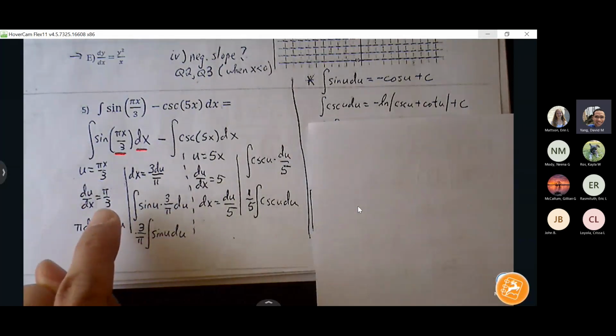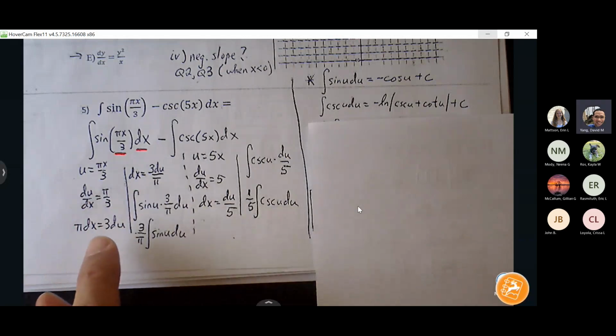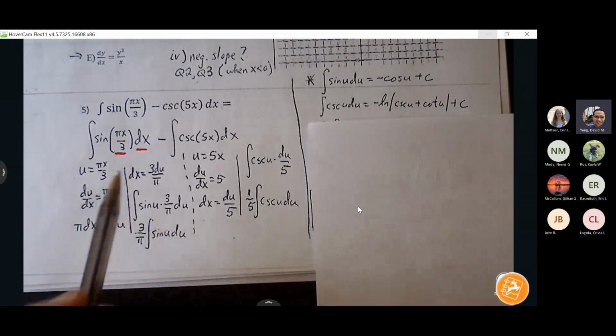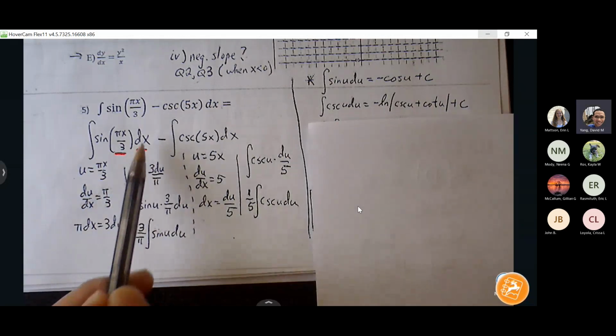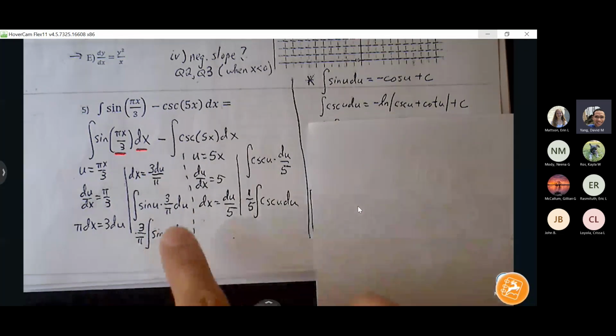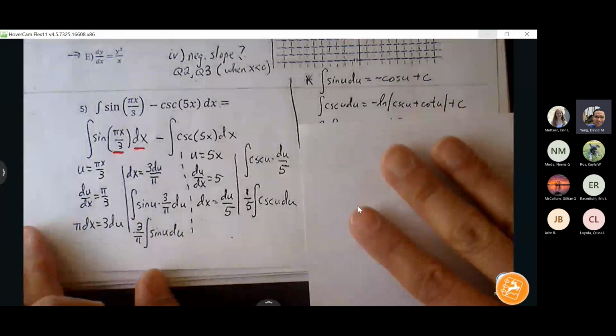Just that number in front of the x. Cross multiply. Pi dx equals 3 du. Solve for dx. Dx equals 3 du over pi. Make that substitution in for your original problem here. So sine u times 3 over pi du. Pull the 3 over pi out. And now I'm ready to apply my antiderivative. So I'm going to save this until I get the right side, the other term, ready.